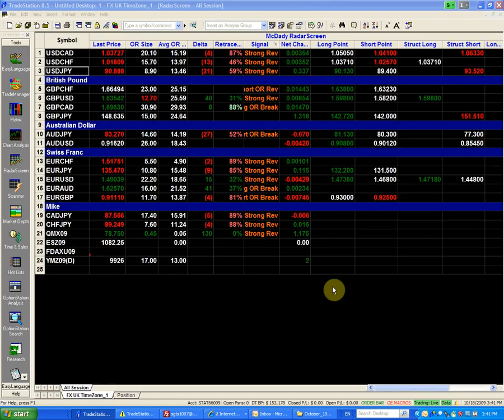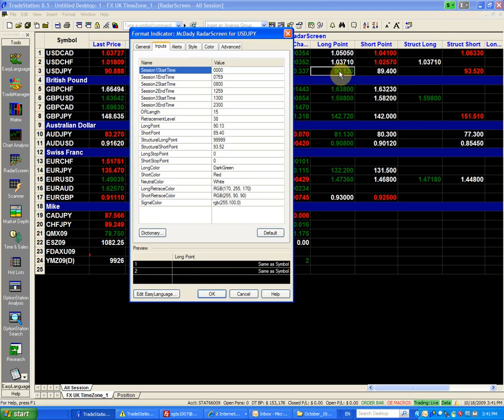So now we are going to go to our radar screen, and we are going to change to a new long point for the week, which is now, instead of 90.13, going to be 90.88, which is now the structural point, and it is also a long point.